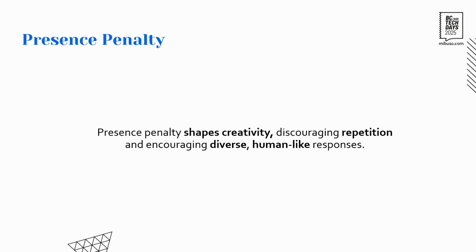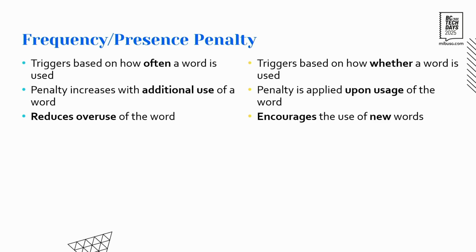So the first use initializes basically a harsh penalty onwards, and future generations will not include, or very unlikely include, that word. Just to split them up to see the differences: on the left side is the frequency, and on the right side is the presence. Frequency is triggered based on how often a word is used, while presence is based on whether a word is used, basically the first use.